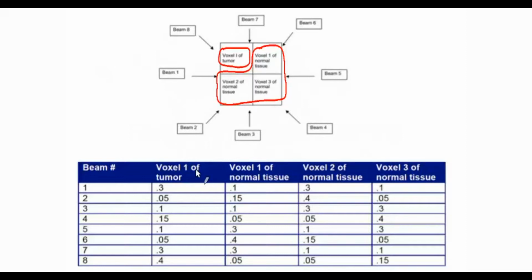So if we look, tumor voxel 1 accepts only 5% or 0.05 of the beam weight for beam 2. And voxel 3 of normal tissue down here also absorbs 5% of the beam weight. And then beam 2 continues on to this other diagonal voxel, voxel 1 of the normal tissue, which accepts 15% or 0.15 of the beam weight.